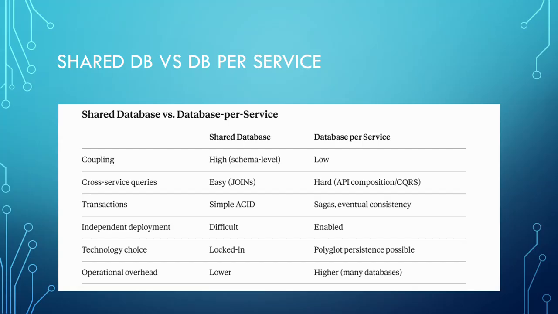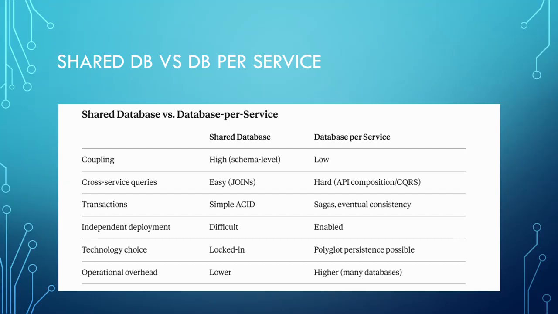Deployment is difficult with shared databases, and not that difficult with database per service. For the technical choice, if migrating from monolithic to microservices quickly without major changes, in unavoidable situations we can go for shared databases. Otherwise, the choice will always be database per service.